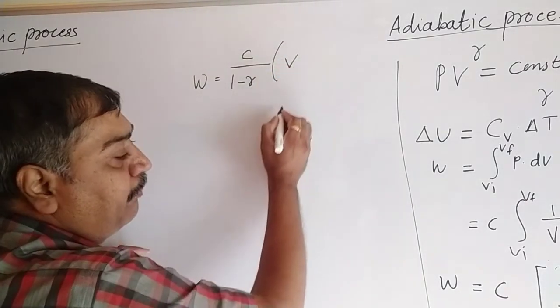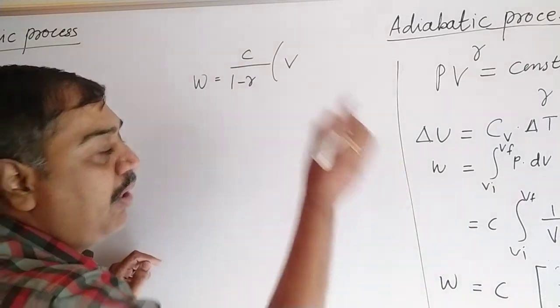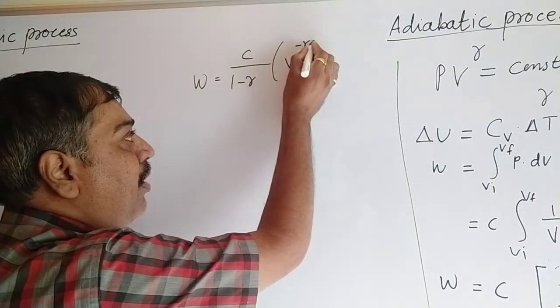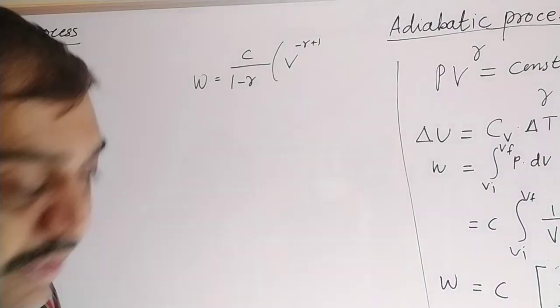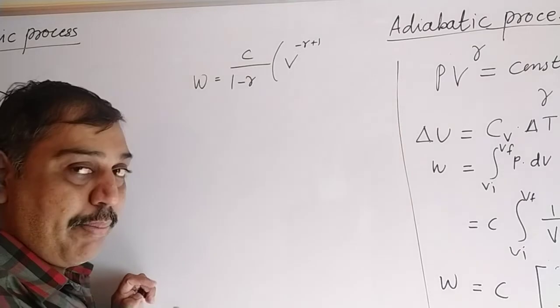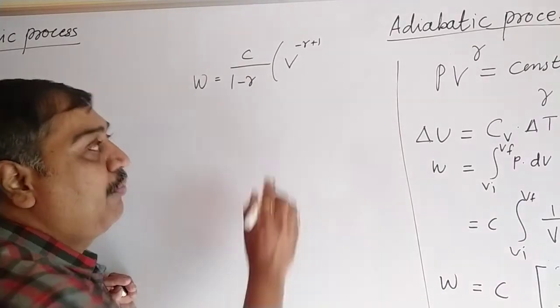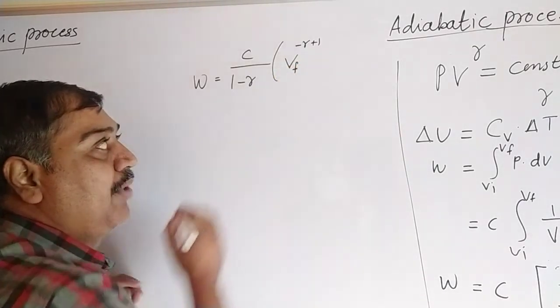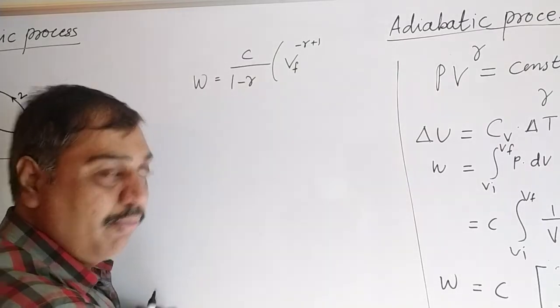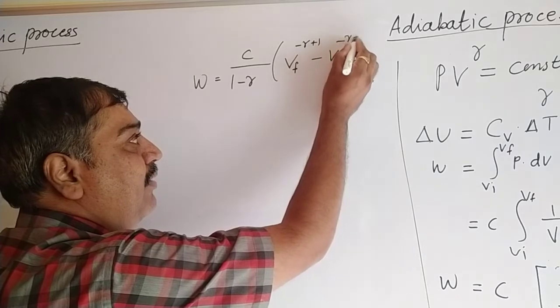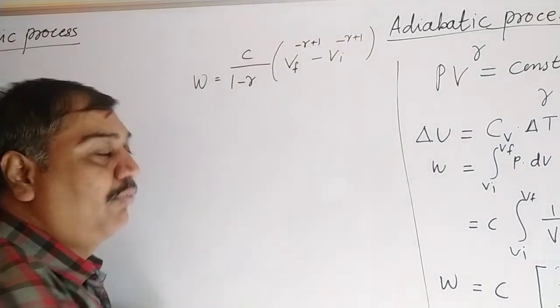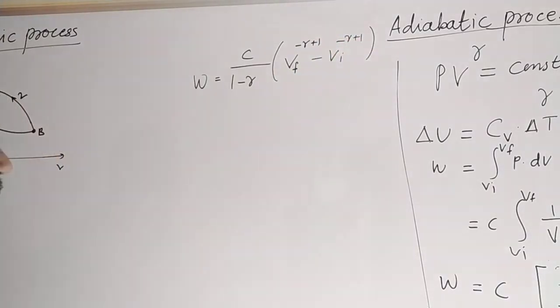V to the power minus gamma plus 1 is the formula. But here we have to put Vf. So it is Vf to the power minus gamma plus 1 minus Vi to the power minus gamma plus 1. So we have put upper limit minus lower limit.